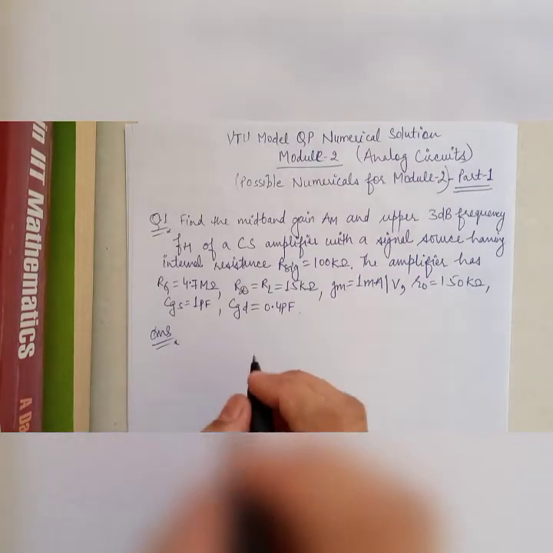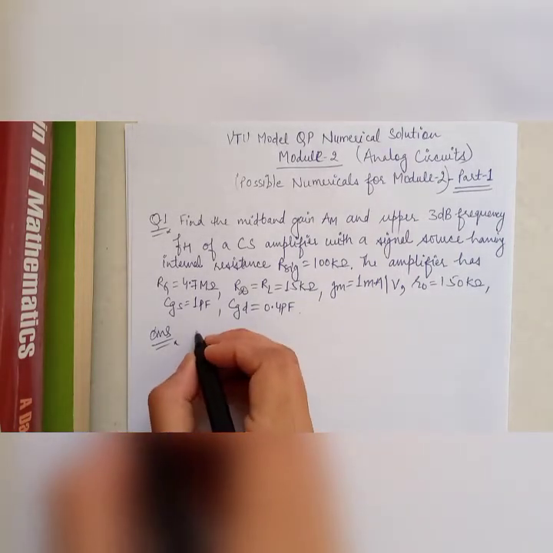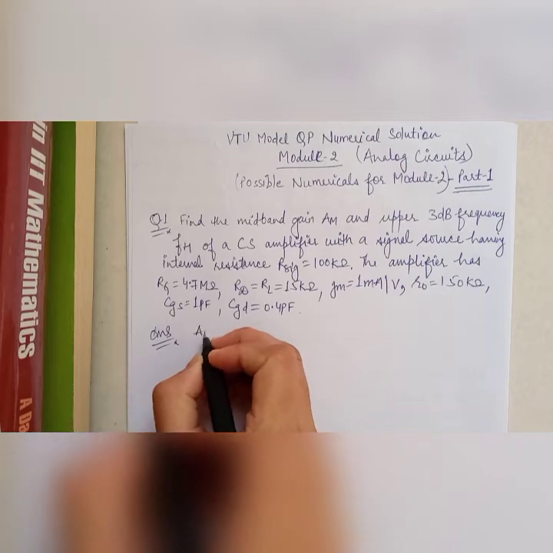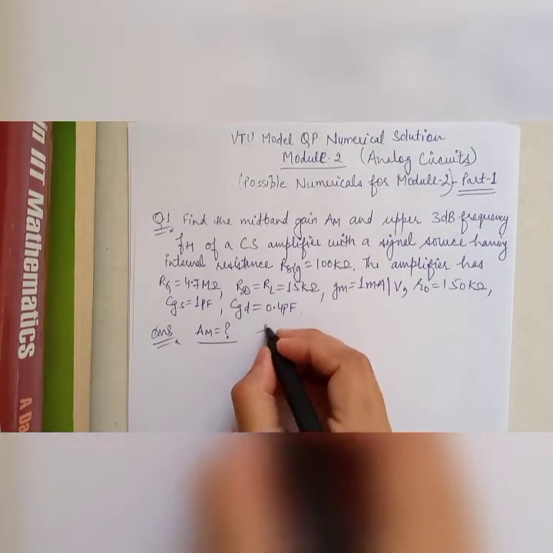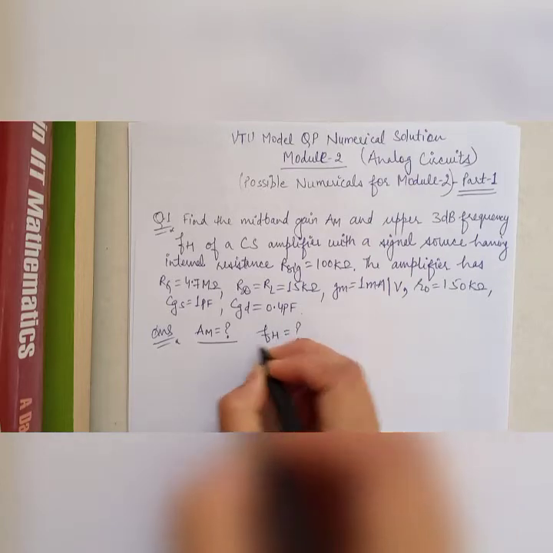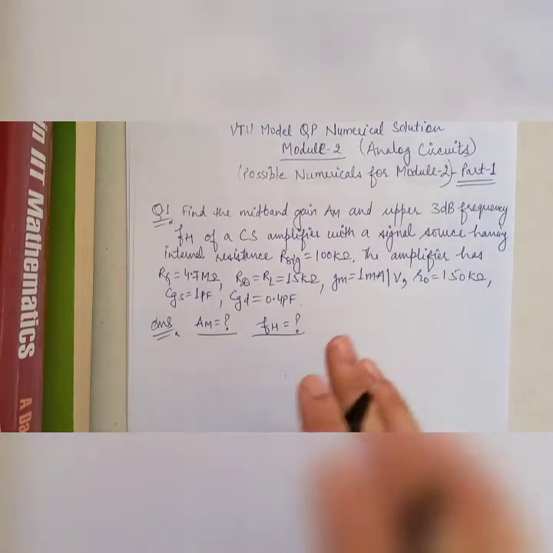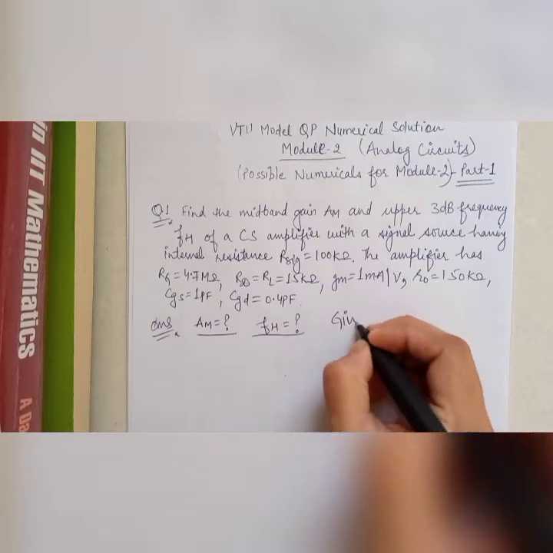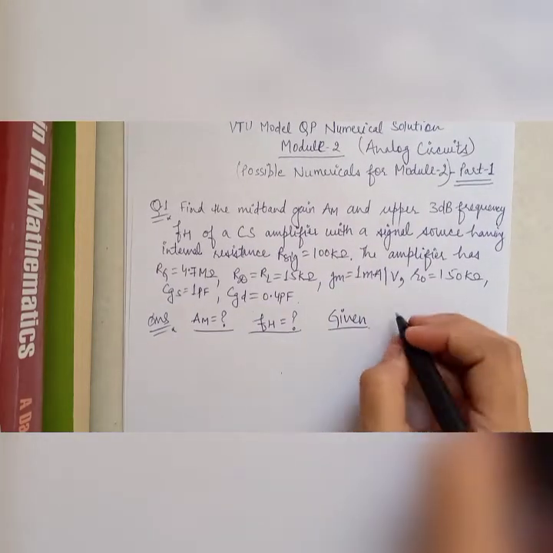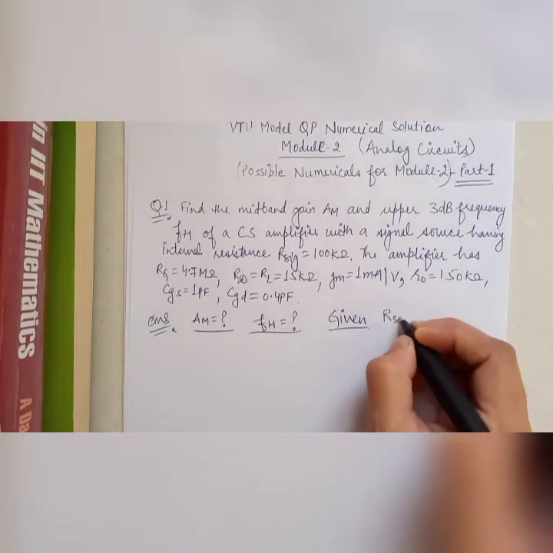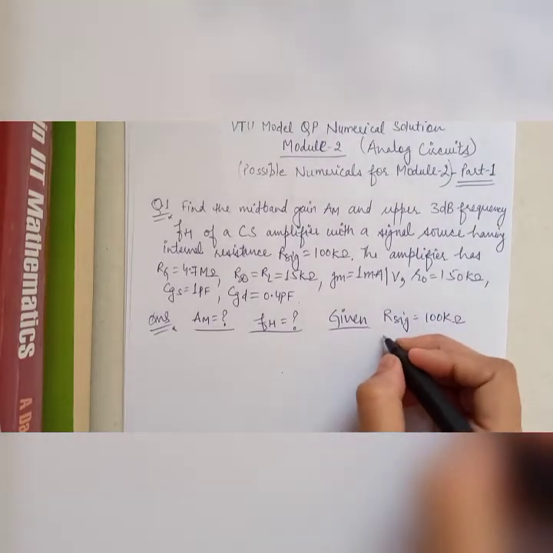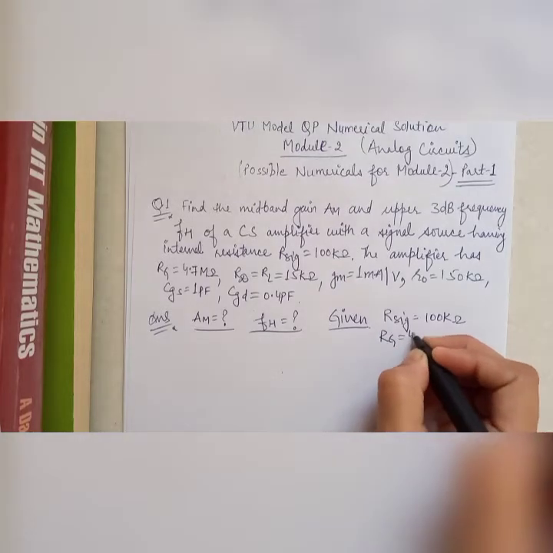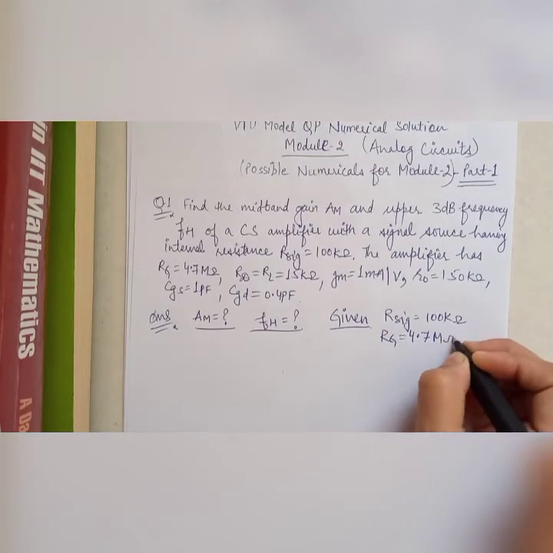So in this, first I will mention what all things you need to find out. So they are telling AM you need to find out. This is unknown to you. Upper 3 dB frequency FH is unknown to you. And what is given to you? Given to you is the first value RSig, that is 100 kilo ohm. Your RG value 4.7 mega ohms.